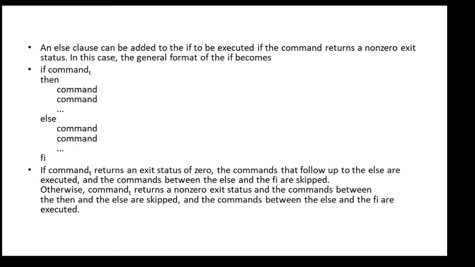If the command returns an exit status of 0, the commands that follow up to the else are executed and the commands between the else and the fi are skipped. Otherwise, the command returns a non-zero exit status and the commands between then and the else are skipped. The commands between else and the fi are executed.